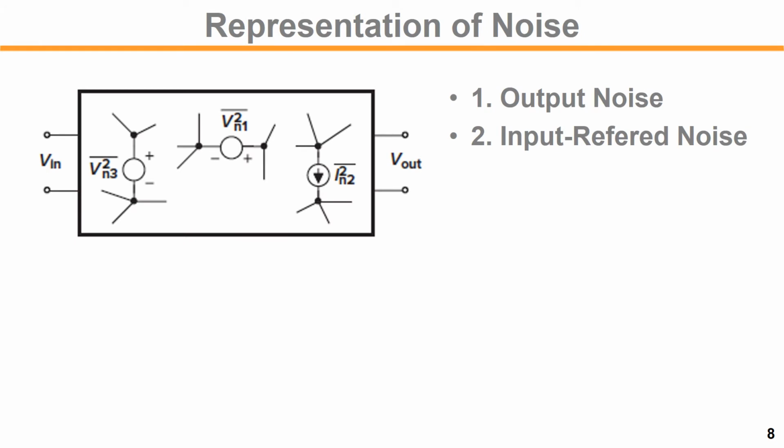So far we were only able to find the output noise voltage. We have to think about the general case. We have a circuit, and inside the circuit many noise sources are there. So we may monitor the noise voltage at the output, right?